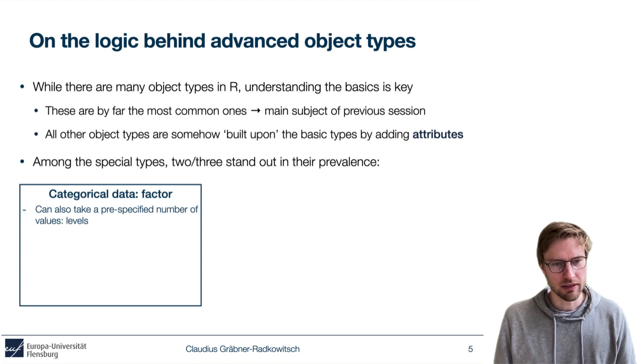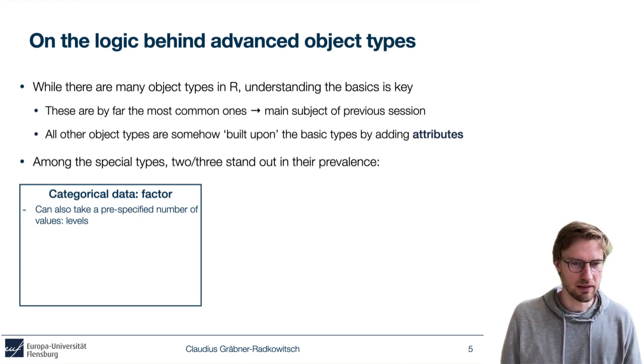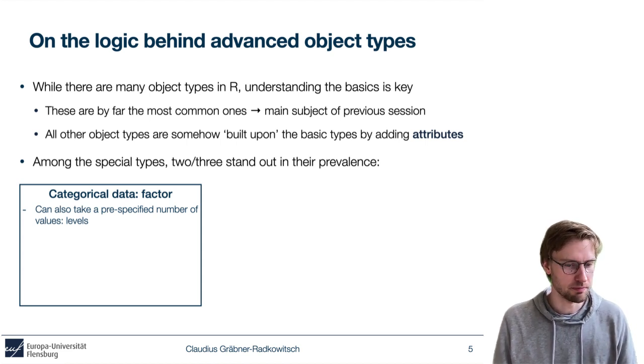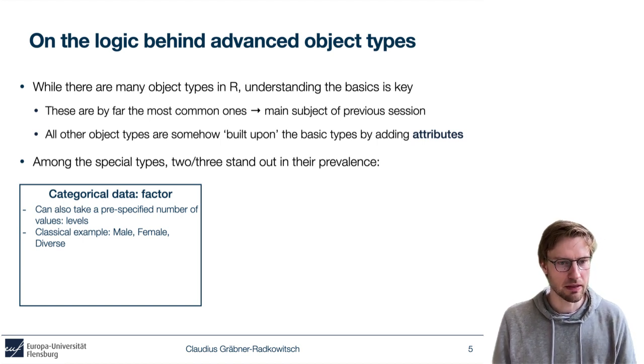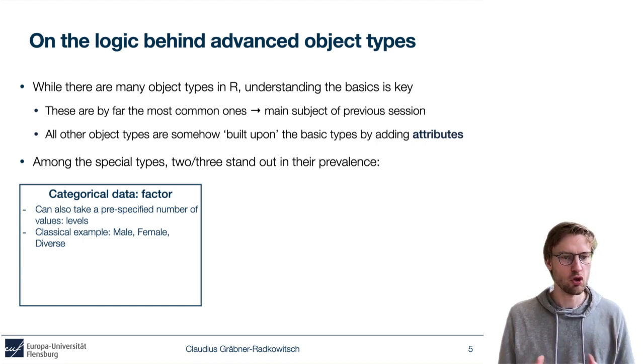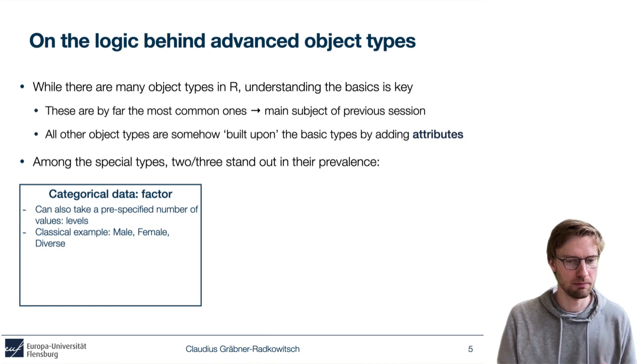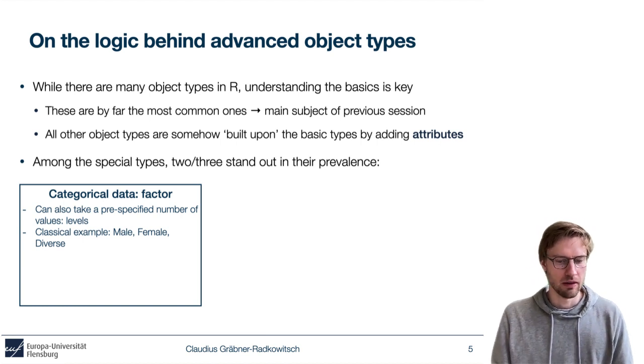This is also a very nice example of where data science becomes political. Why? Because the very basic, standard example for categorical data that can be coded as a factor is gender. Typically, for a very long time, gender was a variable that was only allowed to take 2 pre-specified values, male and female.